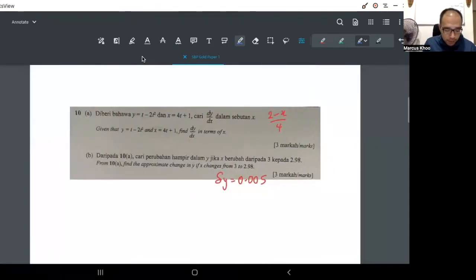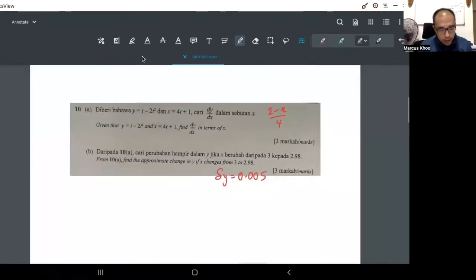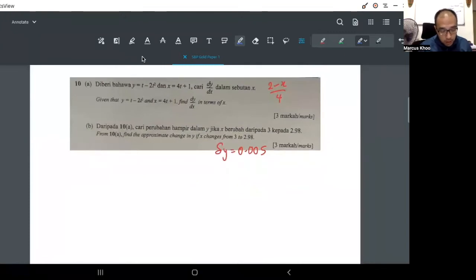Okay, 10. Determine dy/dx, given that y equals t minus 2t squared and x is this, find dy/dx in terms of x. So this one you have to use the chain rule. We have 3 letters: y, t, and x.